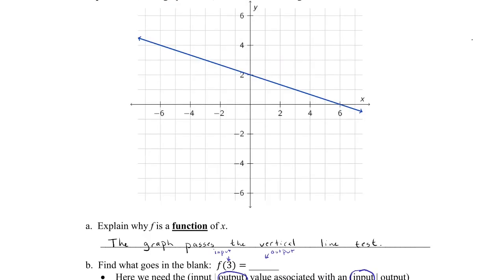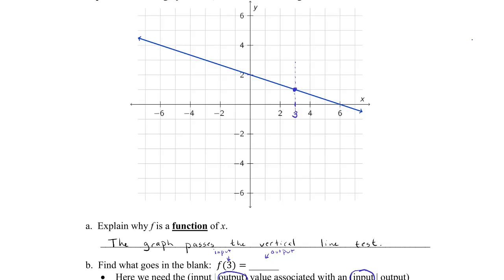Looking along the x-axis, I notice that the numbers that are actually written in are counting by 2s. So we've got 2, 4. 3 has to be halfway between 2 and 4. So we're looking now at the points whose x-coordinate is 3.